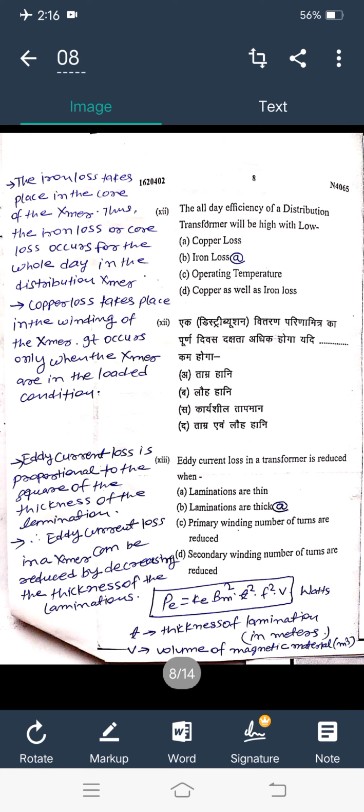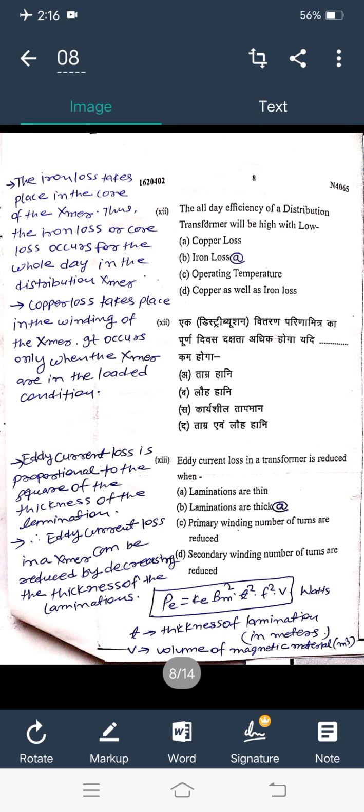Distribution transformer all-day efficiency will be high if iron loss is low, because iron loss is present all the time for a distribution transformer, but copper loss occurs only when load is connected on the secondary side. So the right answer for question number 12 is option B.